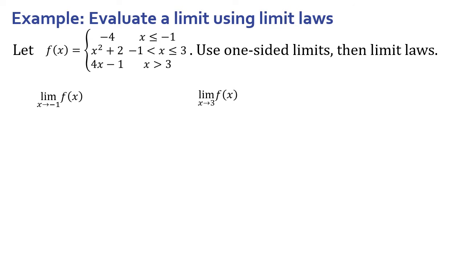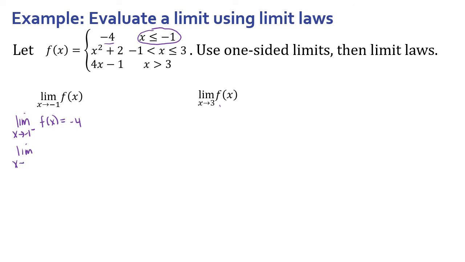So if I were looking at the limit as x approaches -1 of f of x. As x approaches -1 on the left-hand side, so for x values that are smaller than it, your function is approaching -4.